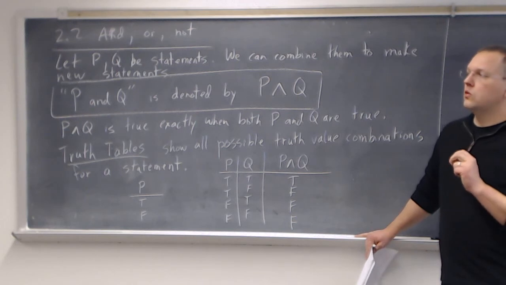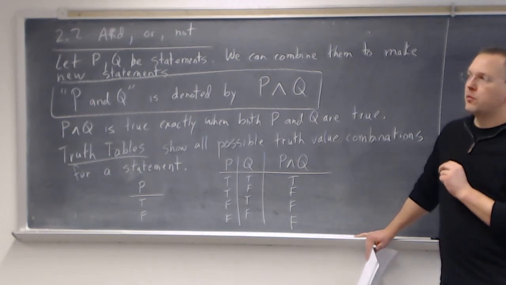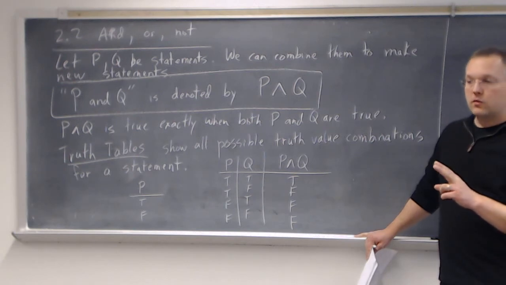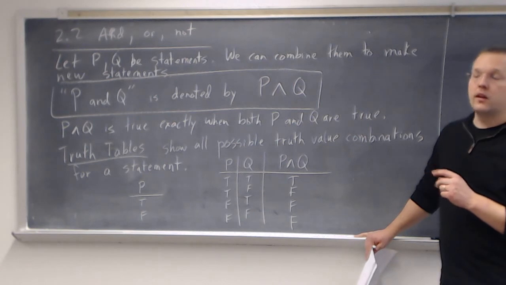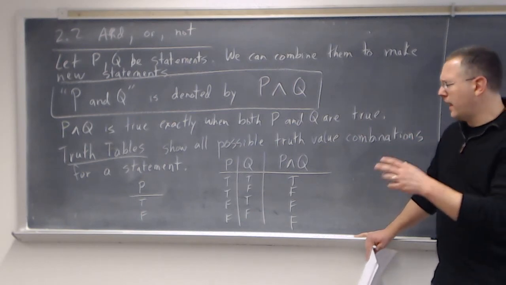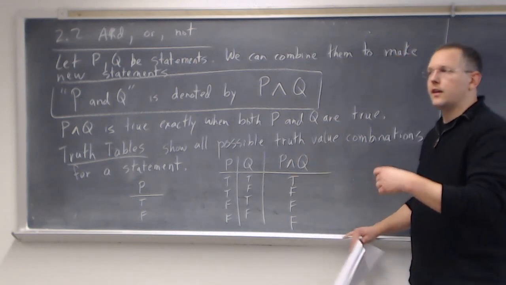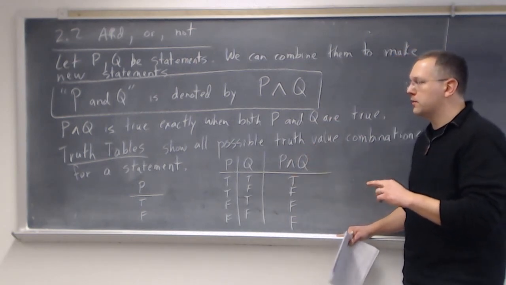Truth tables are going to be very useful when we look at whether or not two statements are equivalent. We'll start involving words like or and not, and other ways to combine statements.